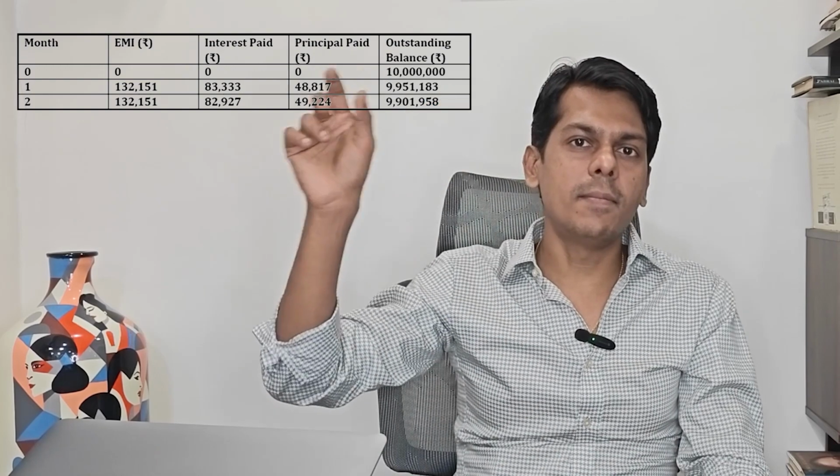Now, if your EMI is a specific number, then EMI minus the interest applicable for that particular month is the only amount which can be used towards reducing your principal amount, and hence you pay a lesser amount of principal in the beginning of your tenure versus the latter half of the tenure.